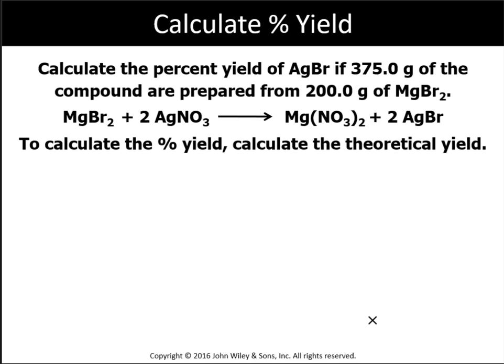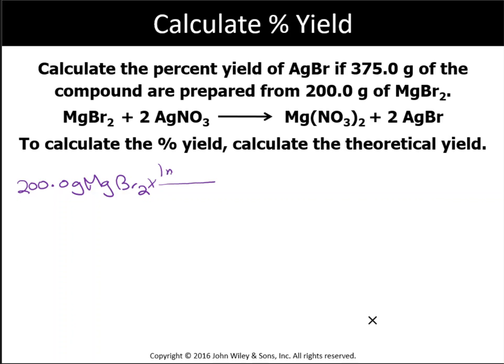So in order to find the theoretical yield of silver bromide, you start with 200 grams of magnesium bromide. I want to know, if 200 grams of magnesium bromide is used, how much silver bromide do I expect to get?